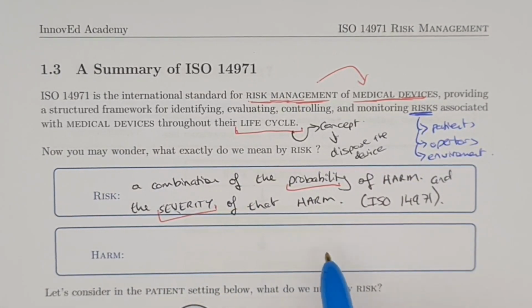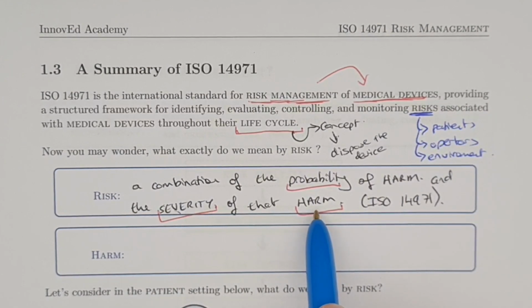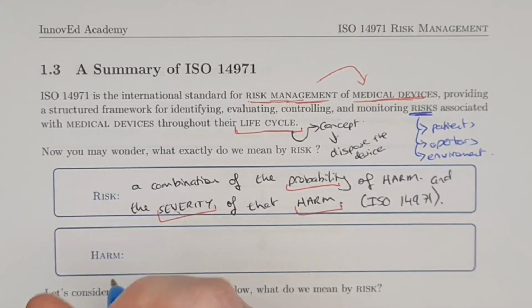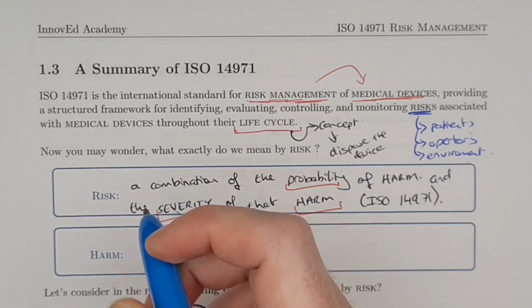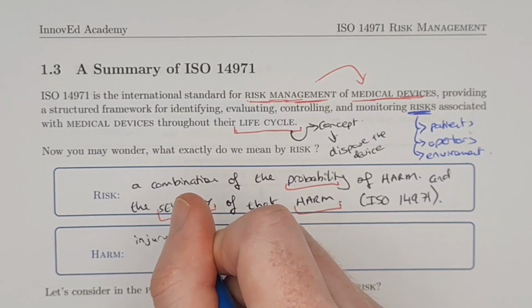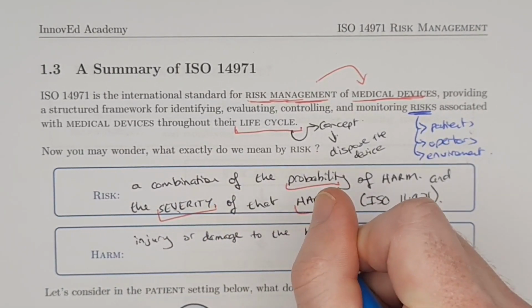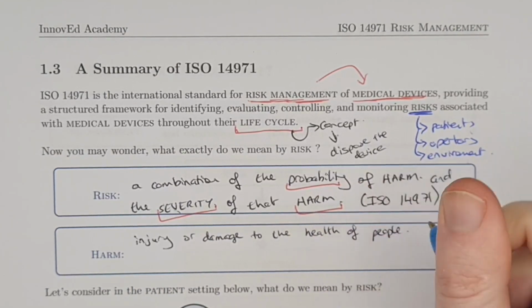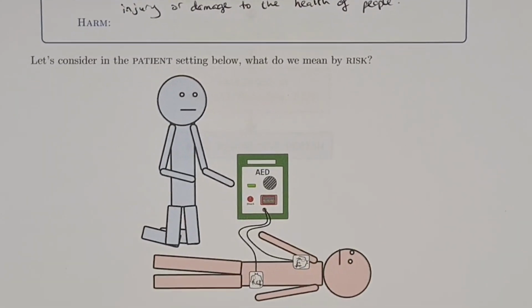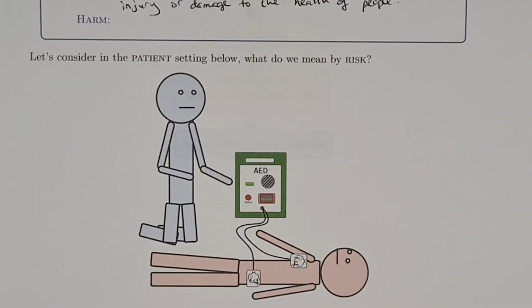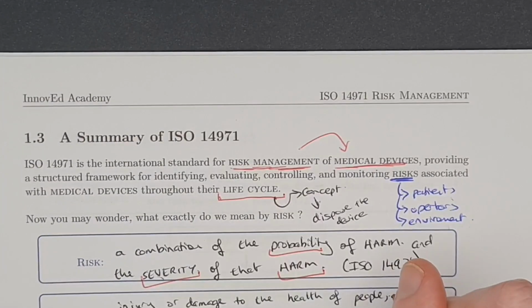And when we talk about harm, we've narrowed the scope of the word harm, and harm has its own definition, and it is basically those three elements. It is injury or damage to the health of people. When we say people, generally we're talking about the users of the device, so the operator and patient, and there could be multiple operators and multiple patients, or damage to the property or the environment.